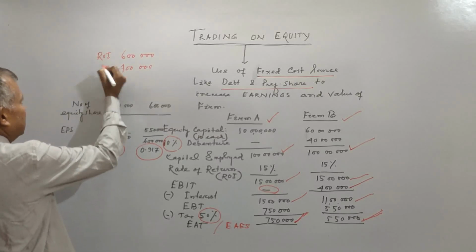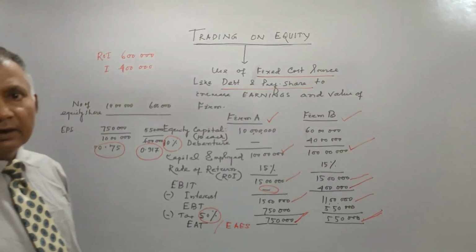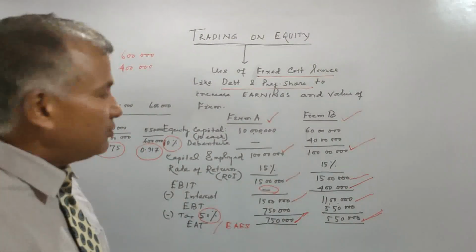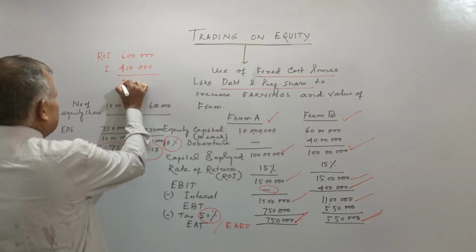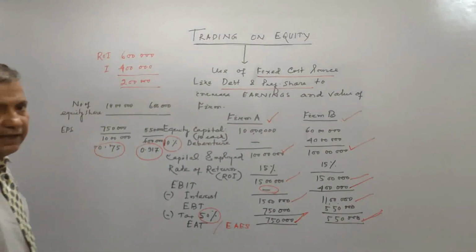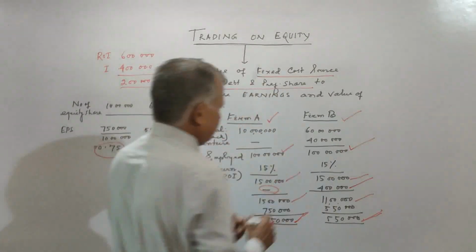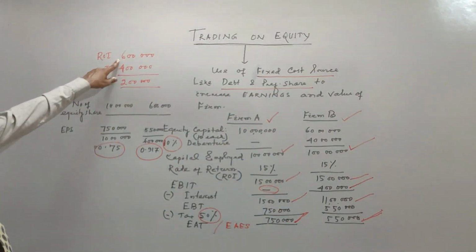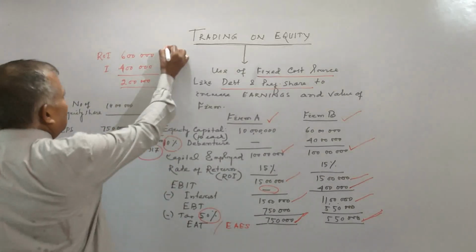This is your interest which the firm is paying to the debenture holder or to the bank. So here there is a net gain of 2 lakh. The firm is using rupees 40 lakh and getting rupees 6 lakh as return, 40 lakh into 15%.